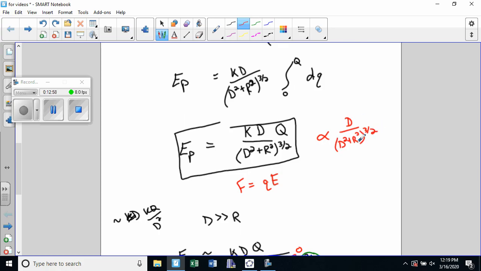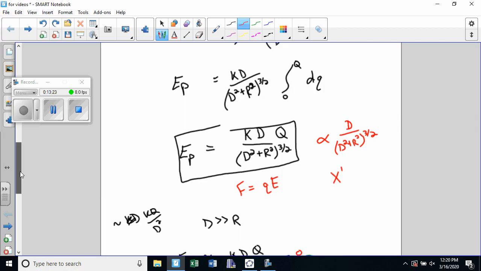And ultimately, that is not proportional to the displacement to the first power. That's what we want to see for simple harmonic motion: the displacement to the first power, a linear restoring force. And of course, this is not linear restoring. So while this would be periodic, it would not be simple harmonic motion. It wouldn't be anything as simple as a sine or a cosine.